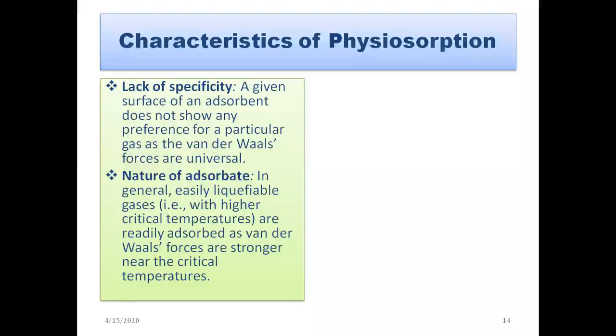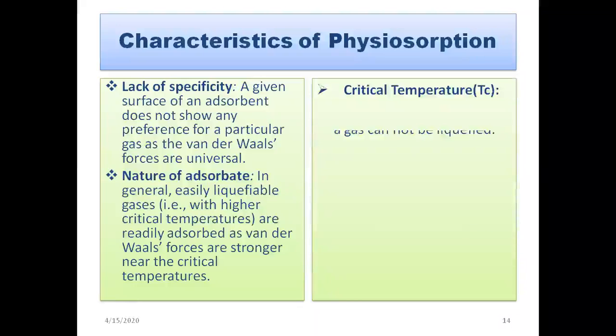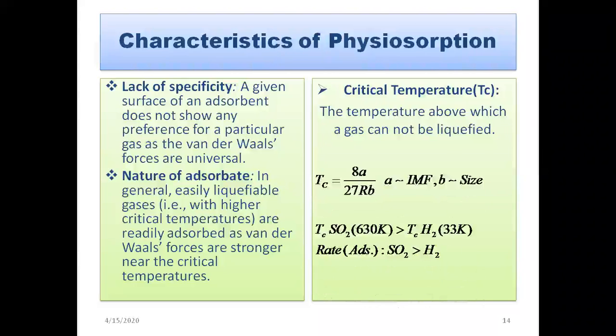Then how do we know about ease of liquefaction? If you remember, the phenomenon called critical temperature. What is critical temperature? It is the temperature above which a gas cannot be liquefied. That means the higher the critical temperature, the easier it is for the gas to be liquefied.